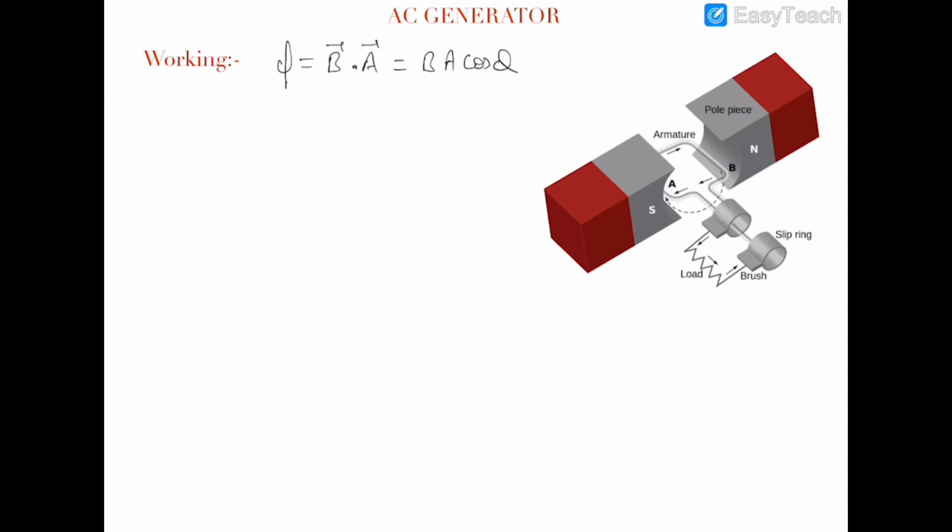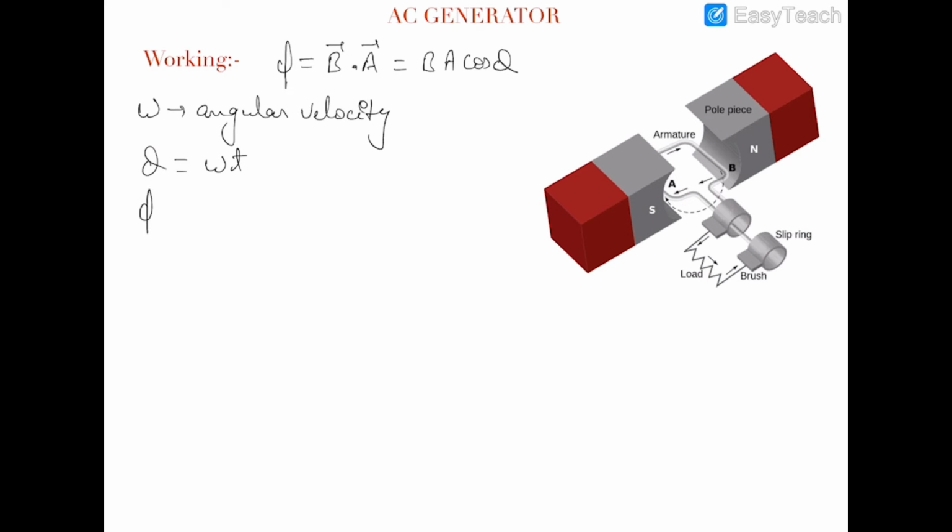Now if this coil is rotating, then this theta is variable obviously, and we can write that if omega is the angular velocity of rotation, then theta is equal to omega into t.